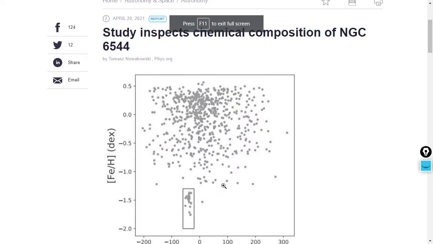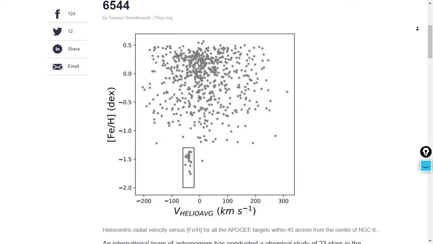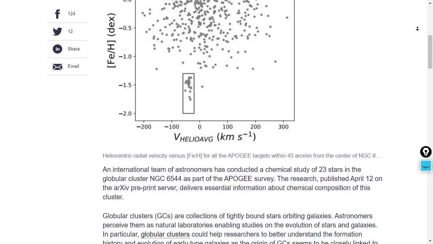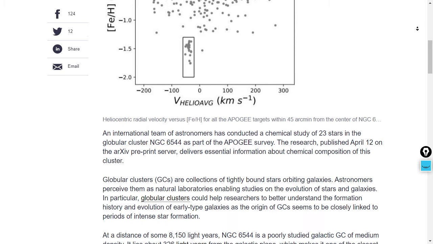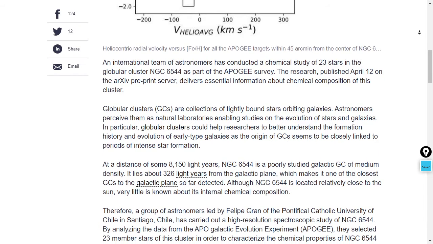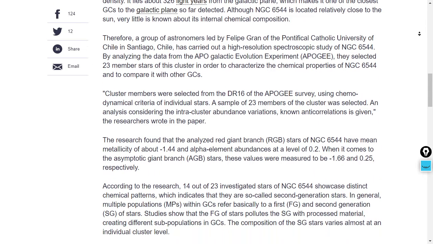Basically the article is about the chemical composition. The metallicity was interesting, the aluminum to iron ratio. They did a chemical study of 23 of the stars, I believe the ones in that rectangle there. Perhaps have a read on this if you like. It's in phys.org's Astronomy and Space section.